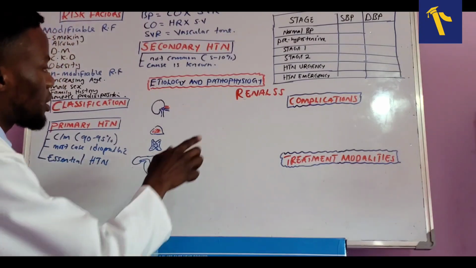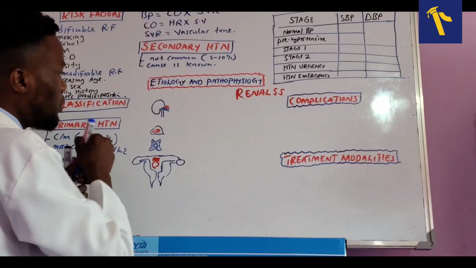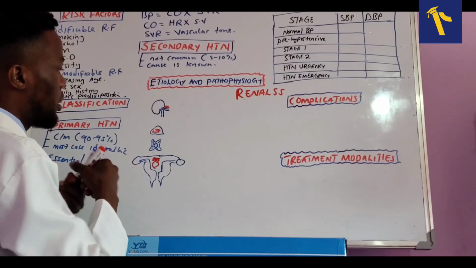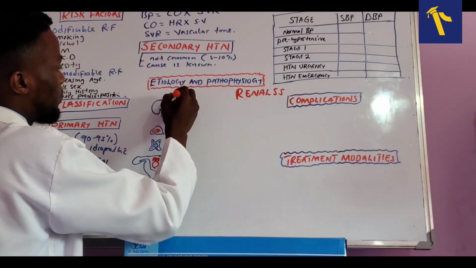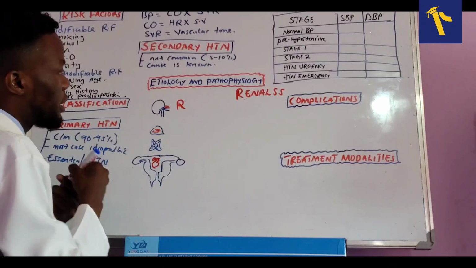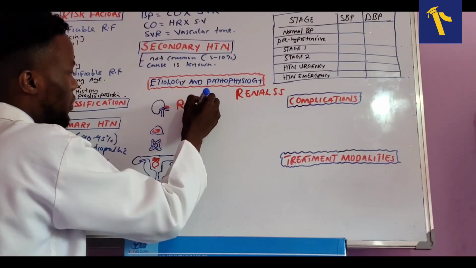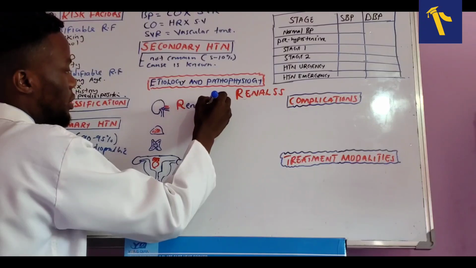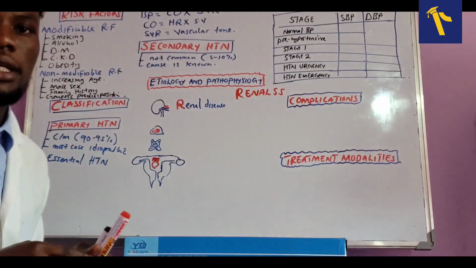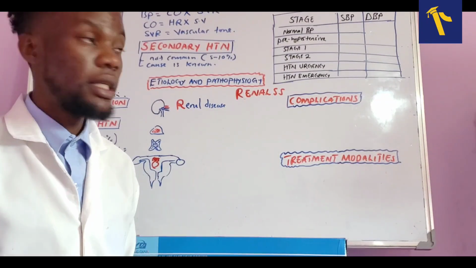So let's start with the first letter, which is R. Let us use red. R stands for renal disease. Basically, anything that affects the kidneys can result in hypertension.